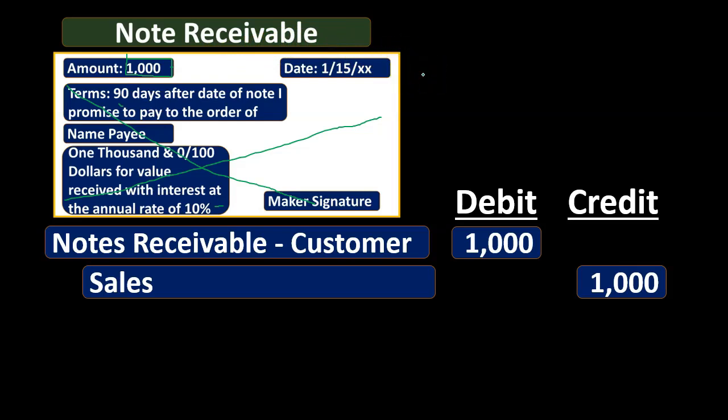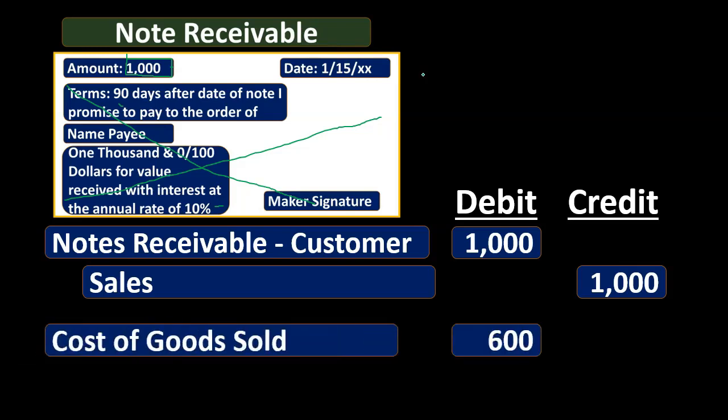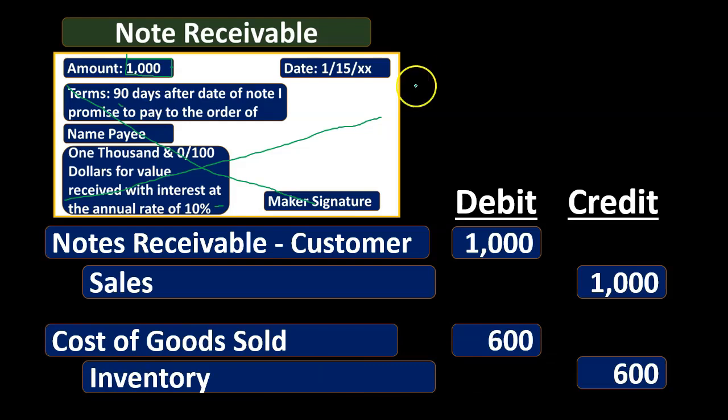Now, of course, if we made a sale and we sold inventory, we would have the other side of that, cost of goods sold, and the inventory going down. But this is the same transaction. This should look familiar for us making a sale on account. Instead of having accounts receivable, we're now having notes receivable, typically because the amount of the note is a larger dollar amount.